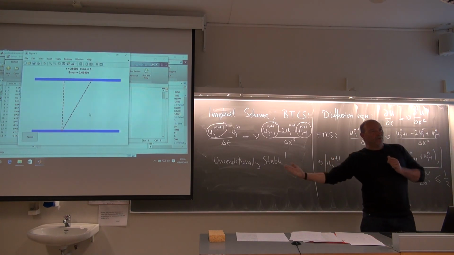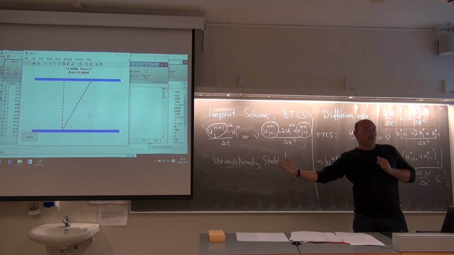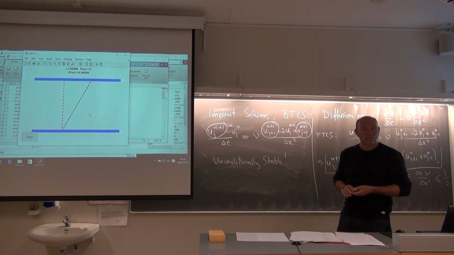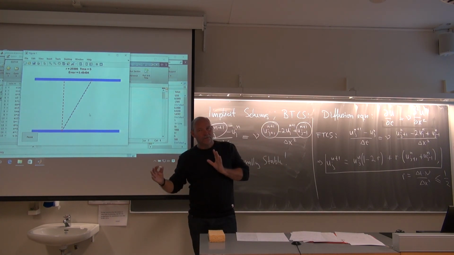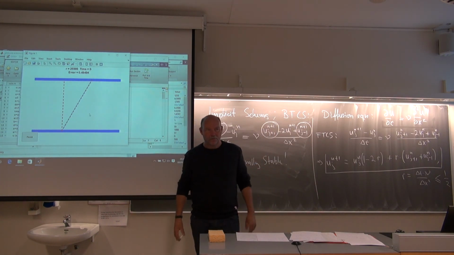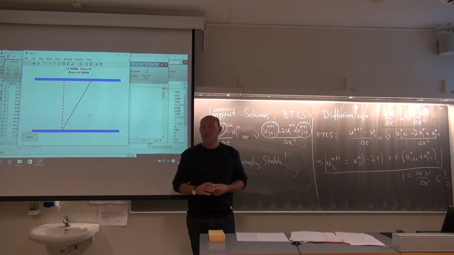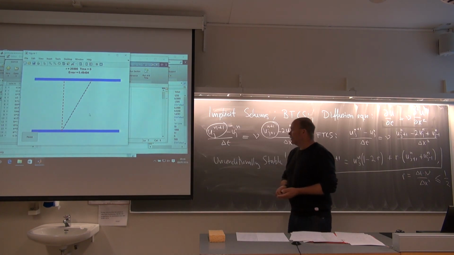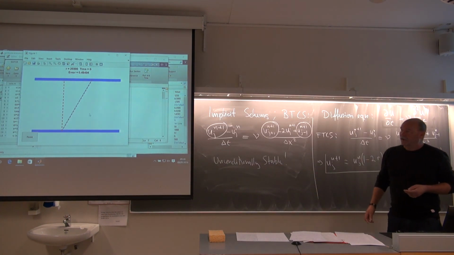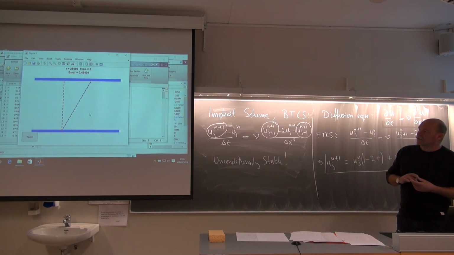Then you can jump to the steady state solution in one single time step. So that can be very convenient. You don't get the time development. That's unfortunate, of course, if you're very interested in the dynamics in the flow, how it develops in time. Then you have to resolve everything in time. But if you're only looking for the steady state solution, then you can jump directly to the steady state with one very, very big delta T.